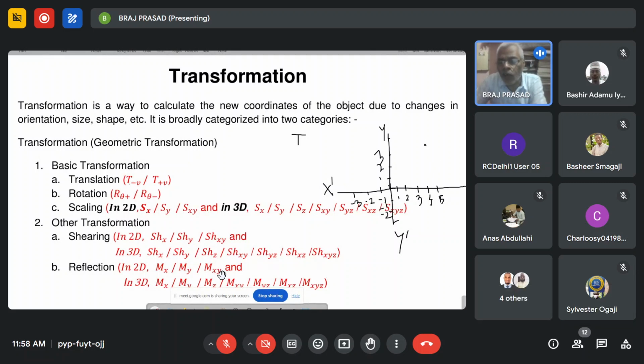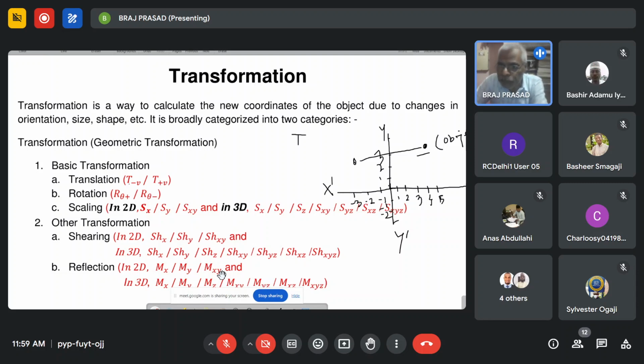And if our object is at this place, then it is in a positive direction. This is our object, and this object is in positive coordinate. But if we move this object to this place, then the value of this translation will be negative, so it is in our negative place.